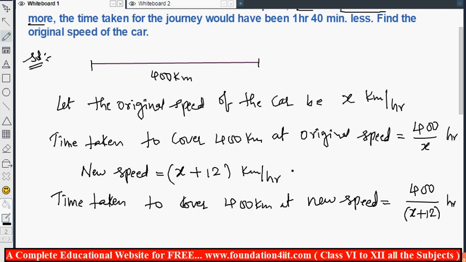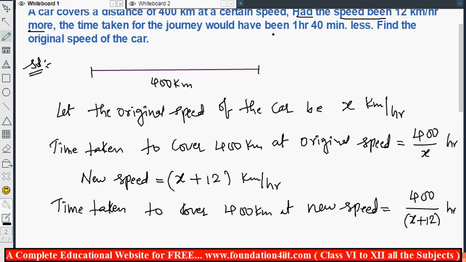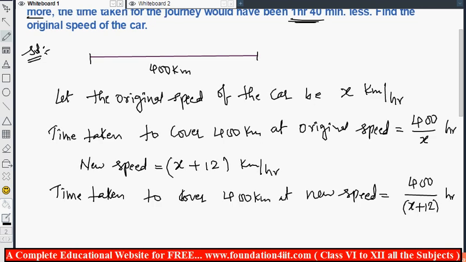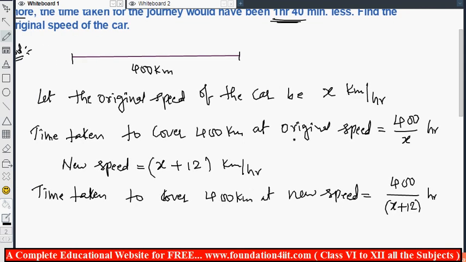But the difference of these two is 1 hour 40 minutes. That's what they gave here: the time taken for the journey would have been 1 hour 40 minutes less. So compared to the previous speed and the new speed, the difference is 1 hour 40 minutes. Then we can write the statement. The original time is 400 by x, and the time at the changed speed is 400 by x plus 12. 400 by x is the bigger value because the speed is less, while in the next case the speed is more.